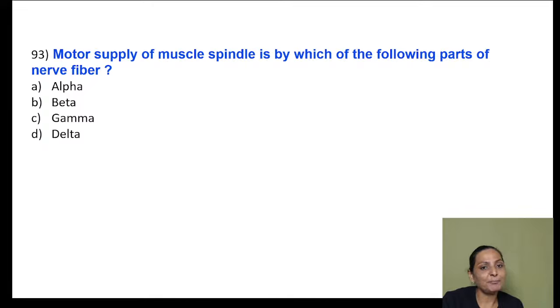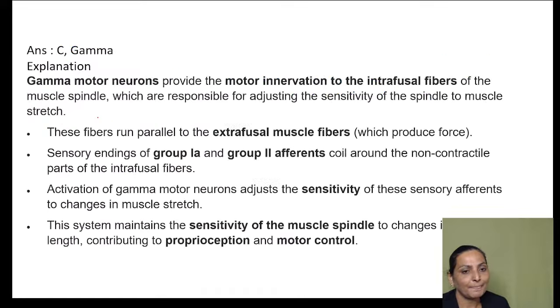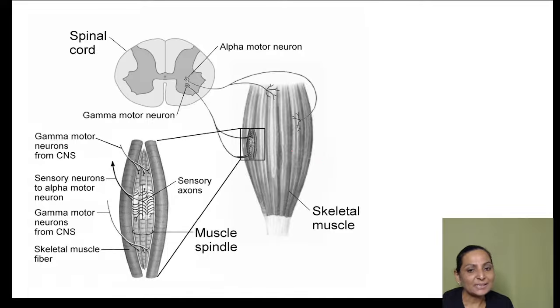Motor supply of muscle spindle. Remember, we are talking about the motor supply of muscle spindle because muscle spindle has both motor and sensory supply. So it is gamma. This is the skeletal muscle, called extrafusal muscle fiber, having motor supply by A alpha or the alpha motor neurons.